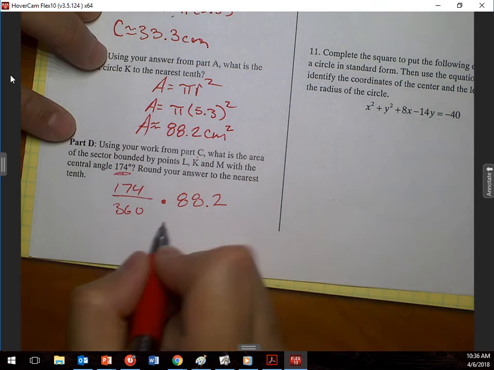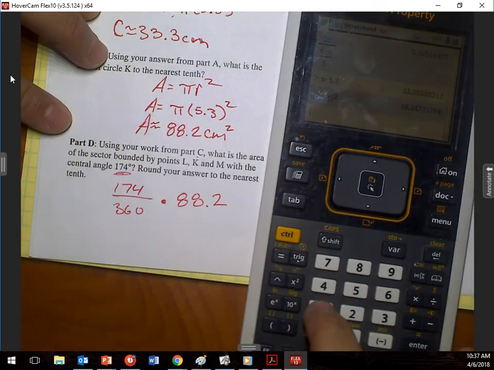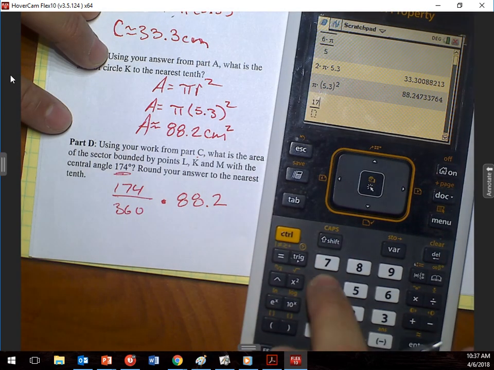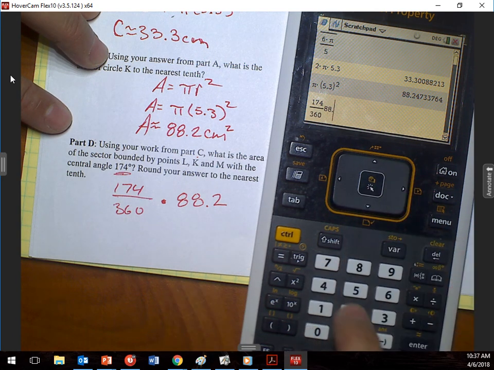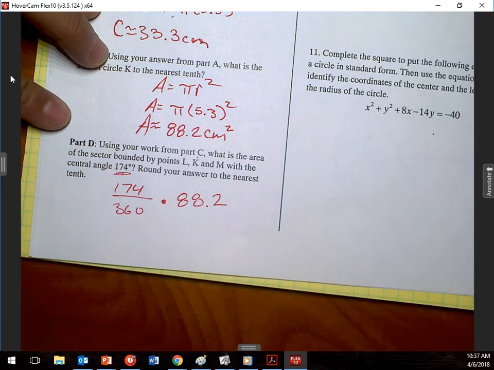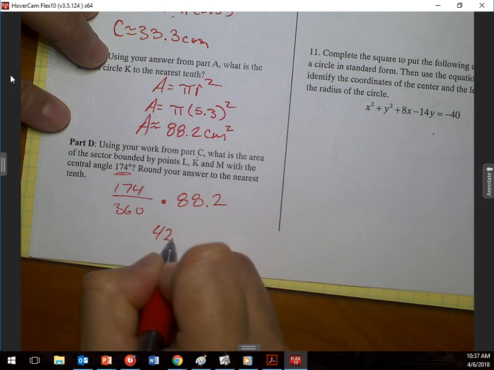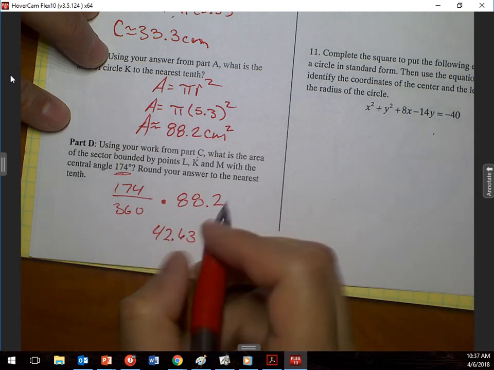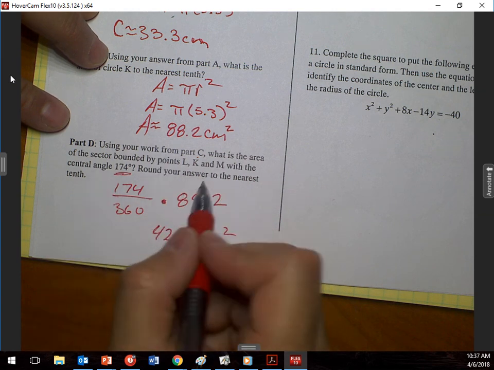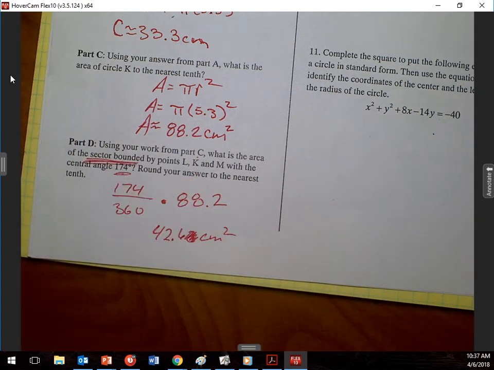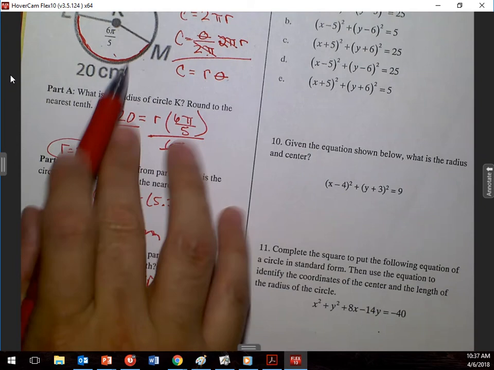Multiply, and I should end up with 42.6, and that's going to be cm squared. This is only for my sector, just that one slice that we're talking about.